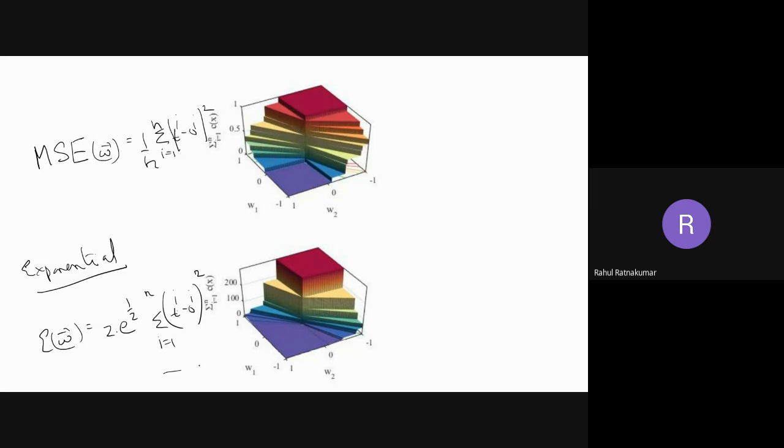This term remains the same, but we have a multiplication with the exponential and a constant. You can see the error function is changed in the graph. Red means maximum error, yellow means average error, green means near to the solution, and blue means very near to the solution. So based on the application, you need to change the error function.